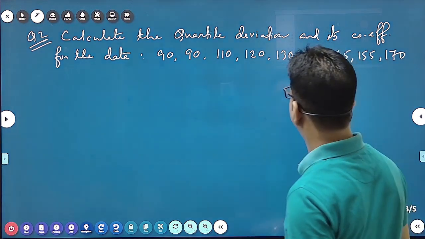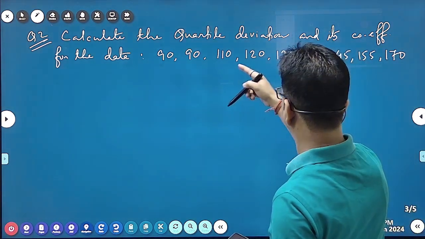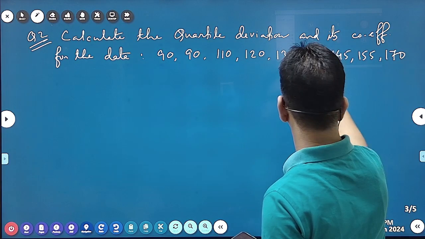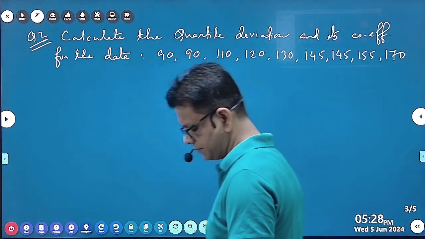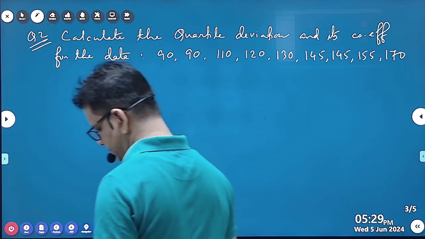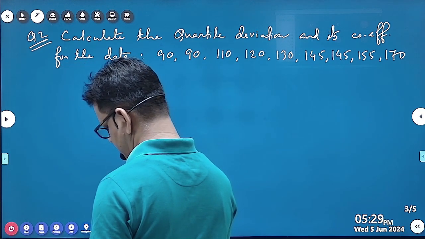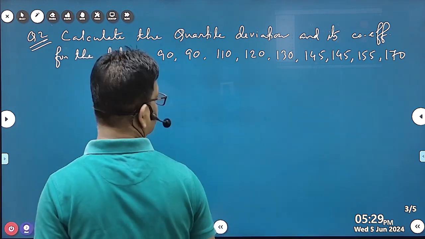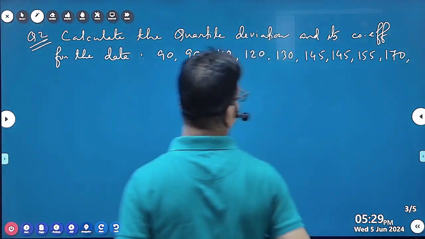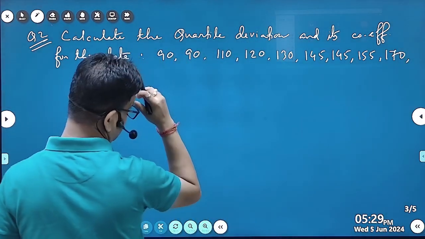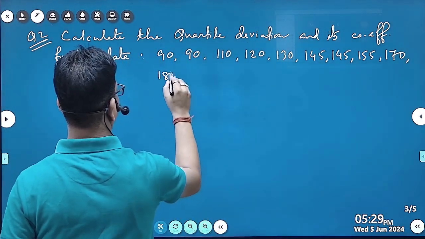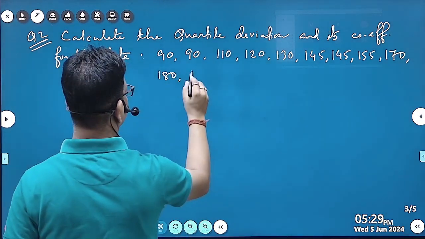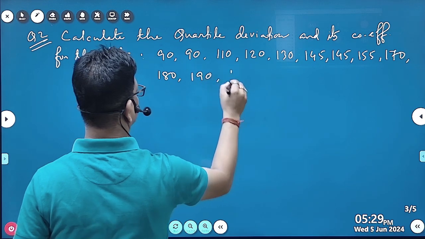So 1, 2, 3, 4, 1, 2, 3, 4, 5, 6, 7, 8, 9. Some more, let me write. Suppose 180, then 190, and suppose 195.